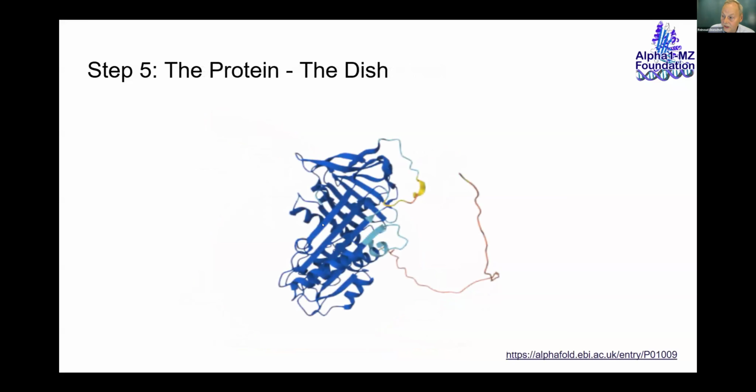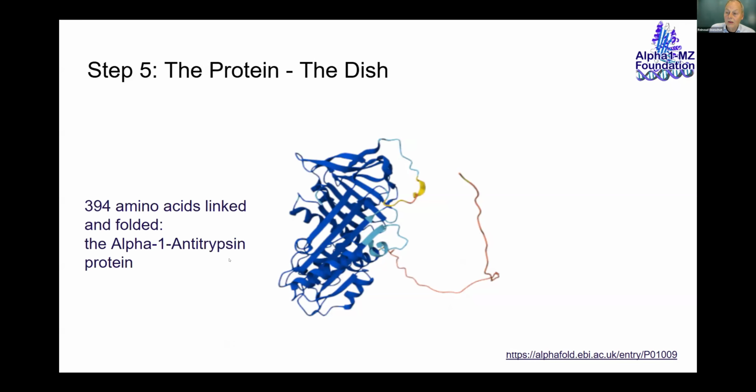The protein is the dish. It's the result of what is happening in the ribosomes. This is the alpha-1 protein. There are 394 amino acids linked together and folded in an intricate way.